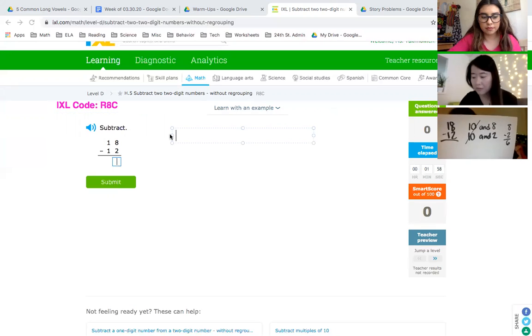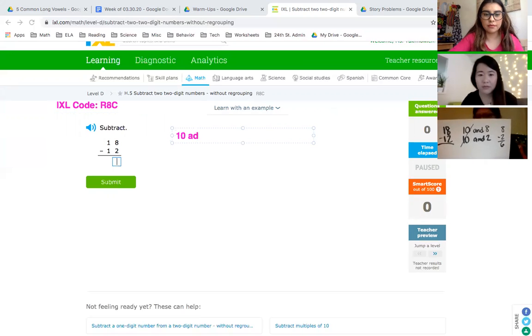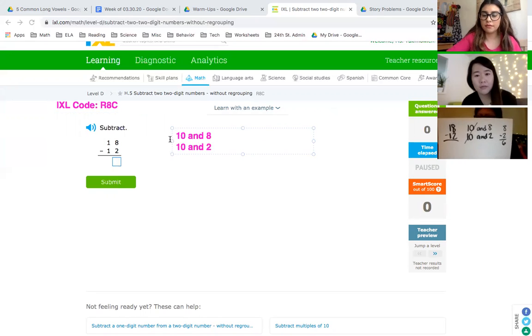Essentially what I did was decompose the numbers, and then I realized, well, 10 and 10 aren't really important because they cancel each other out. In other words, 10 take away 10 is going to leave you with 0. And so really what I should be focusing my work on is that 8 minus 2. So thinking about 8 minus 2, well, 8 minus 2, I've been working with my math facts, that's a 6.